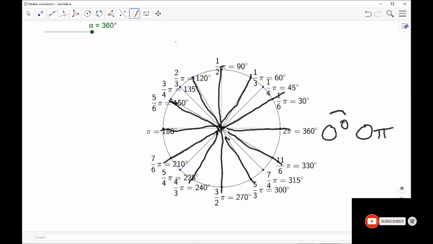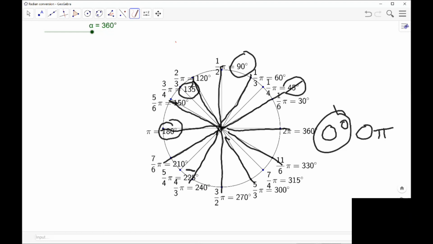I'll circle these, so this is just adding 45. 90 plus 45 would be 135. 135 plus 45 would be 180. 180 plus 45 would be 225. 225 plus 45 would be 270. 270 plus 45 would be 315. And then 315 plus 45 will bring it back to 360.